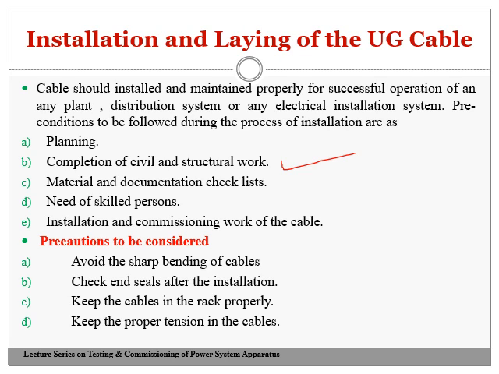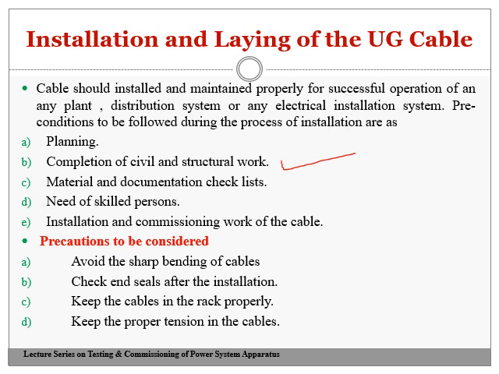Then this work is to be carried out by a person having licensed authority to handle electrical installation. That is, skilled labor is essential for carrying out the installation and commissioning work of underground cable. These are the steps to be followed during installation.